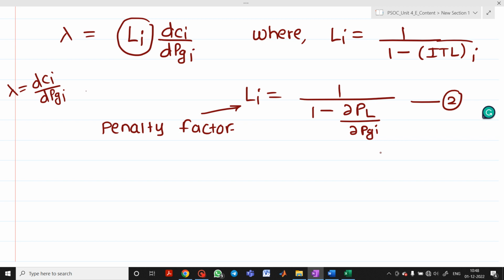But when power losses are taken into consideration, one factor Li comes into the picture, which is 1 upon 1 minus ∂PL upon ∂PGI. This is related to the power loss, and the more the loss, the more generation should be there in order to meet the demand. So this Li is called the penalty factor of a generator.